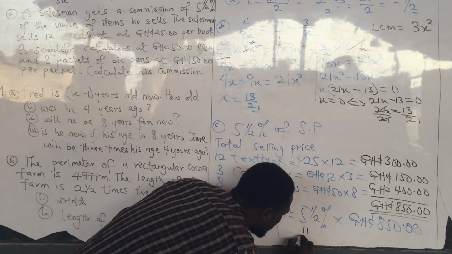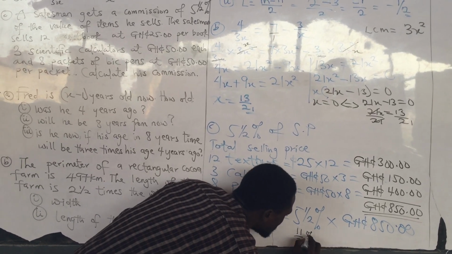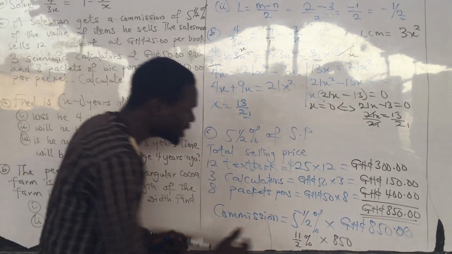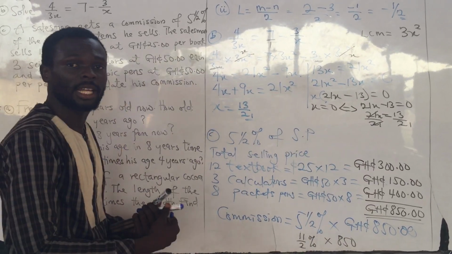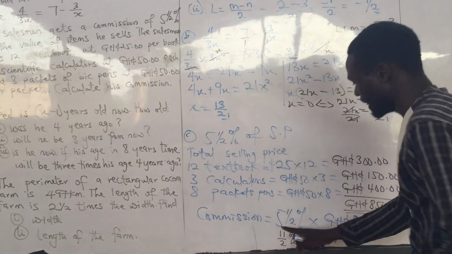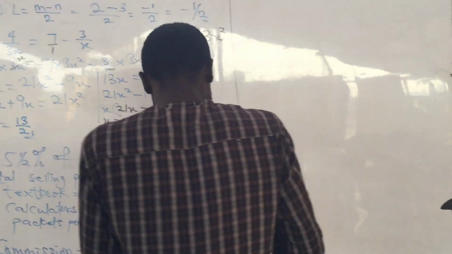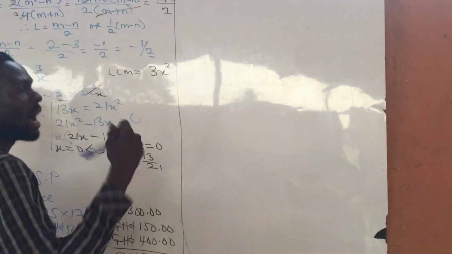Giving us 11/2% times 850. Now this percent is over 100. So let's write this 11/2 over 100, because percentage is out of 100.